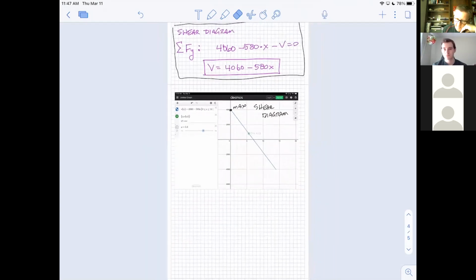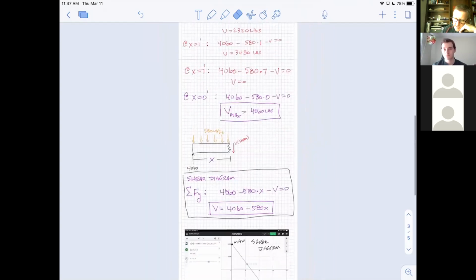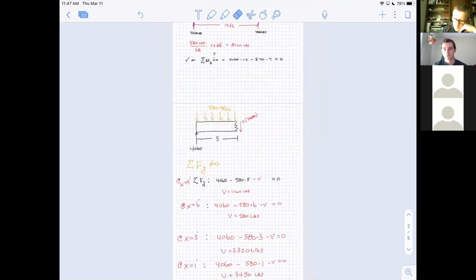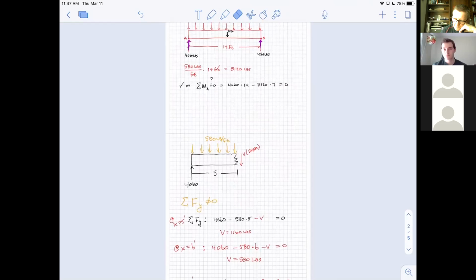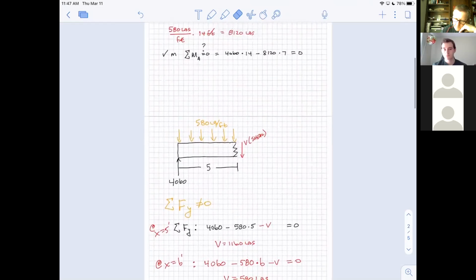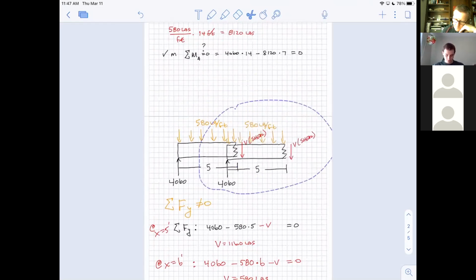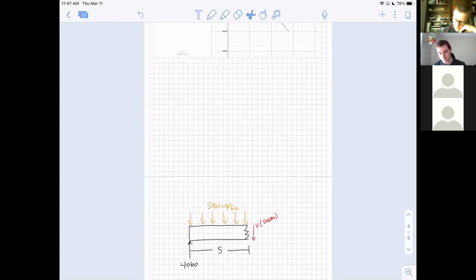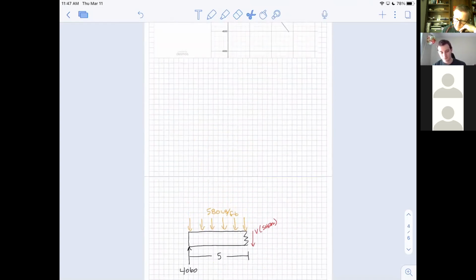What about moment, though? Again, let's go back and consider our original graph here. Let's take this guy. I can't remember if I already copied this, and I don't need to copy it again. What about moment?